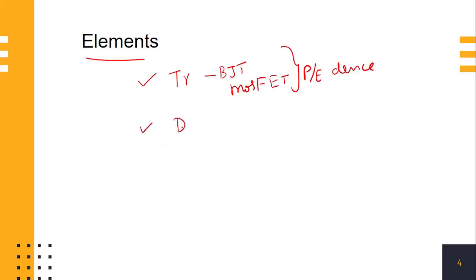In addition to that, we have the next device called a diode to assist one direction current flow, and also we have the inductor and capacitor, the commutating elements. In addition to that, we have the input and output. So these are the basic elements of any DC to DC converter or DC chopper.